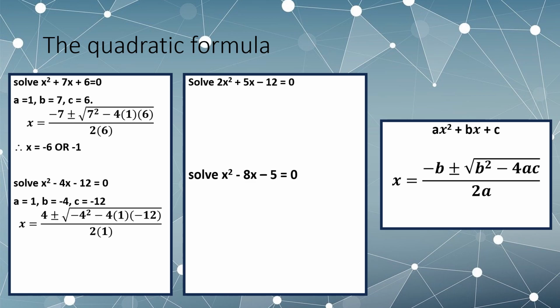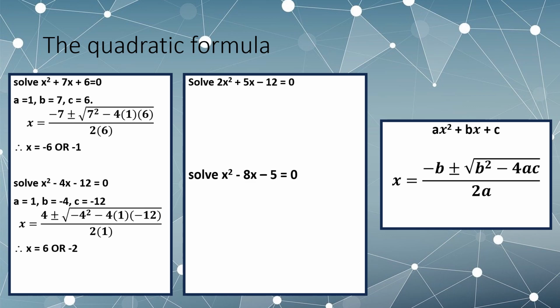Now you have to be careful with those ones, as remembering a negative times a negative gives a positive, even when it's a negative squared. Take 4 multiplied by 1 multiplied by negative 12 over 2 multiplied by 1. Plugging that into your calculator again, or solving it in your head if you can, that gives you x is equal to 6 or negative 2.